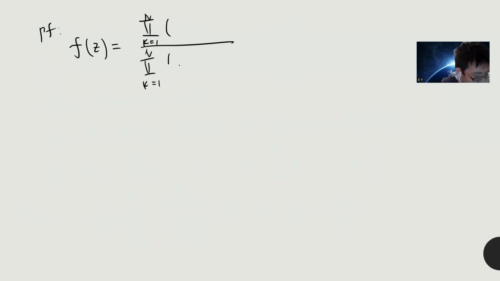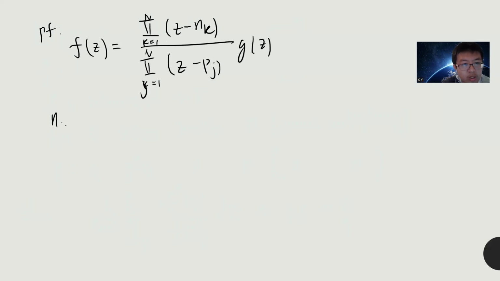Okay, so the proof. It's probably not so obvious. One idea of the proof is that you try to write f of z as the product over k from 1 to n of z minus n_k, divided by the product over j of z minus p_j, times g of z.